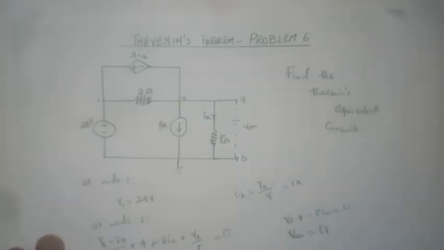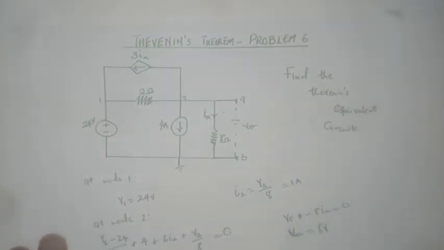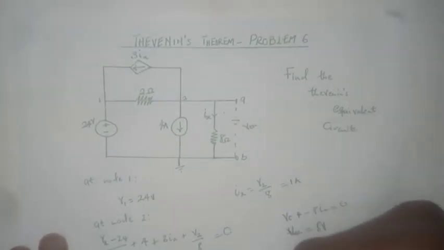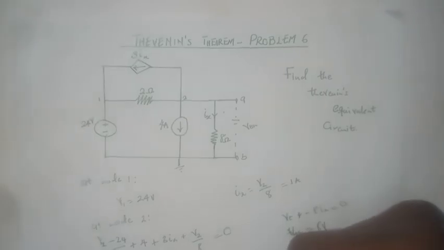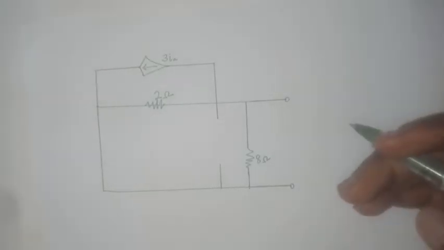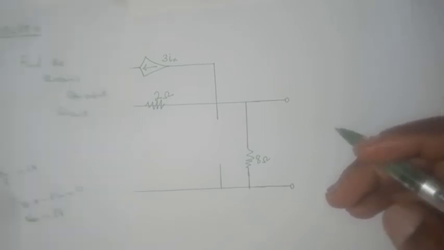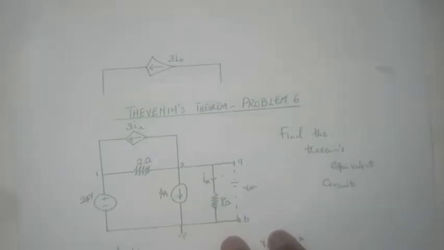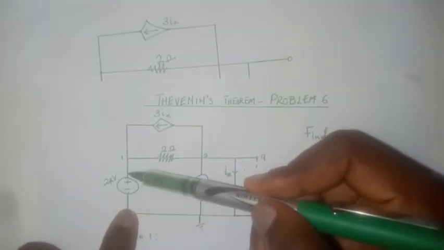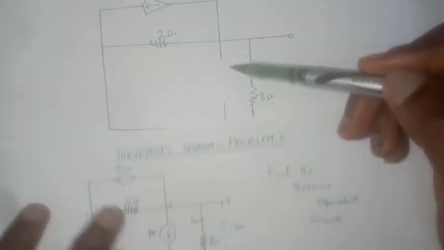Then you look at the effect of that power source on the circuit, and you use that to determine your Thevenin resistance. This is the kind of circuit you're going to be using to determine the value of RTH. What we've done here in essence is that we've turned off the independent power sources. For the voltage source, we replaced it with a short circuit, and for the current source we opened it up.